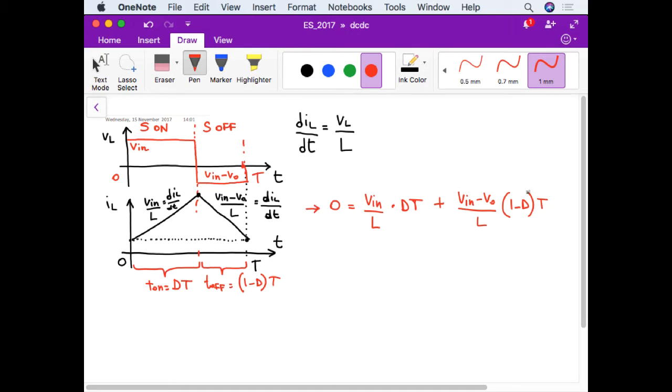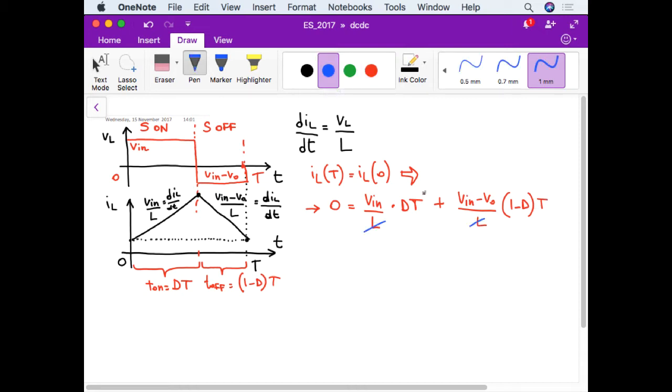The only condition in order to write this equation is that IL at T is equal to IL at 0. And from this, we have this expression. Of course, from this expression, you can see that we can derive the relationship between VO and V in. Okay?